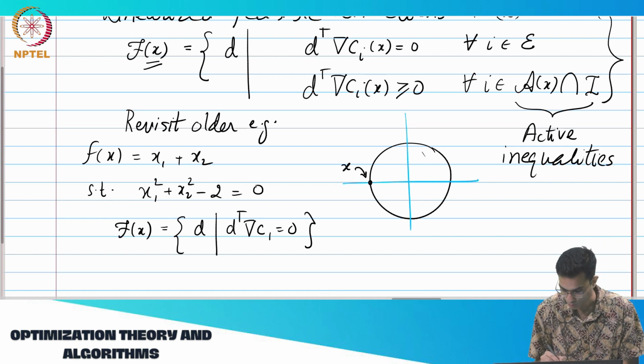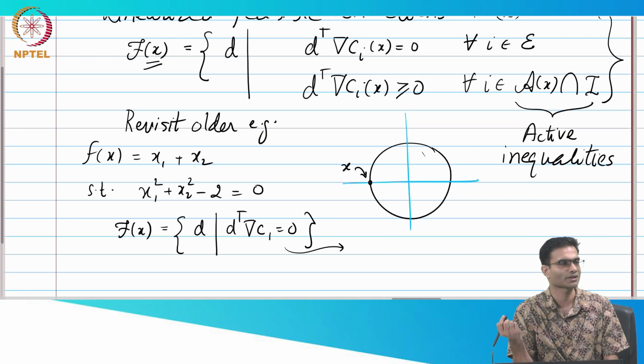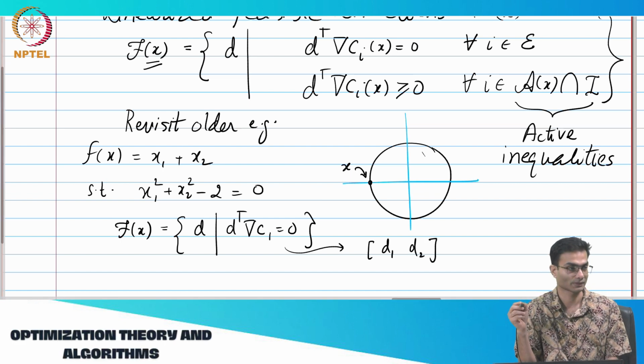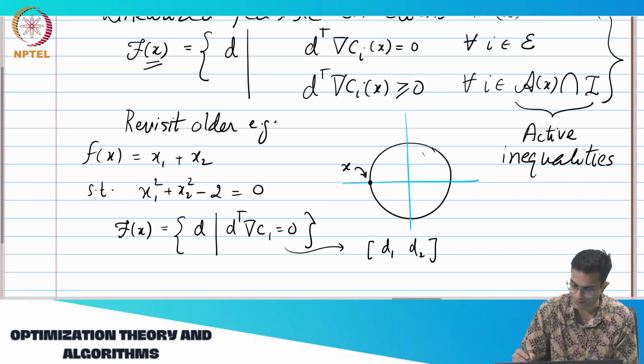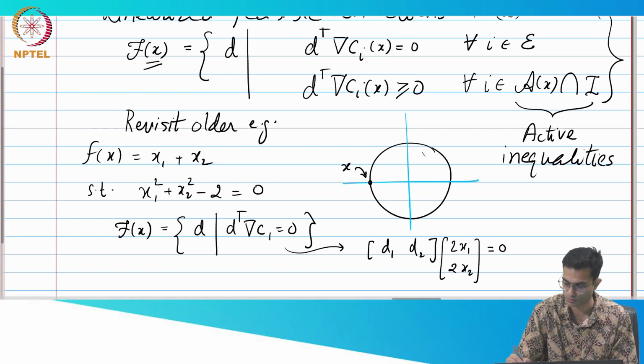So let's open this up. d is a two-dimensional vector because it's a direction in x1, x2 space, so I can simply write it as d1, d2. What is grad C1? 2x1, 2x2. And I need this to be equal to 0.